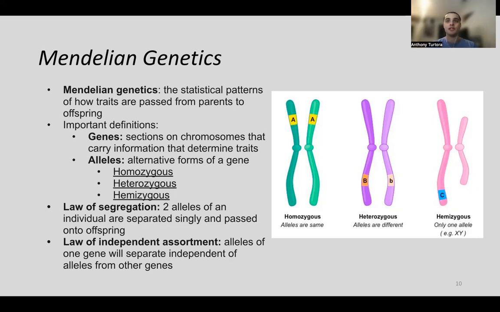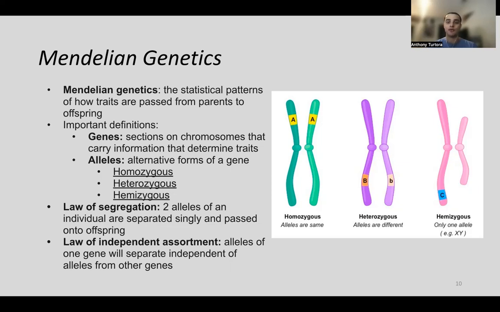Mendel noticed patterns of inheritance when mating tall and small and green and yellow pea plants. Because of the advancements of science, we now know the molecular basis of heredity, but Mendelian genetics is the basis for this.